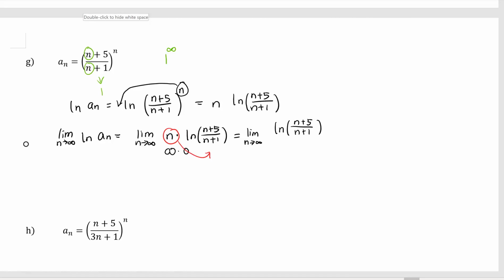And n, when we move it downstairs, do we just get n? No, you cannot just move the n downstairs. You also need to flip it. So move it downstairs and flip it, so it looks like 1 over n.